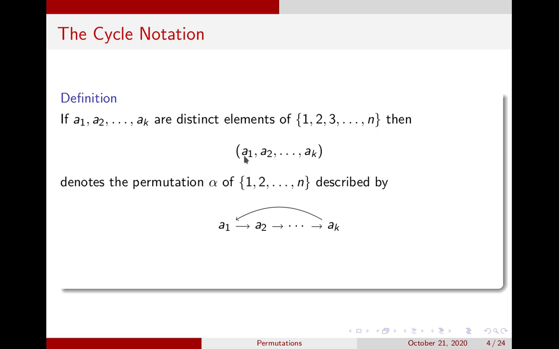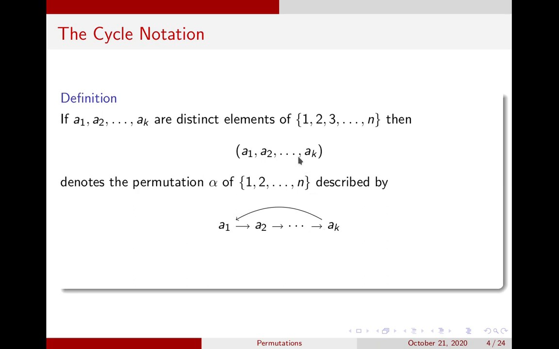Right, the first number in the cycle, a1, is followed by a2. So if we call this permutation alpha, alpha of a1 is a2. a2 is sent to the next number in this k-tuple, a3, and so on.